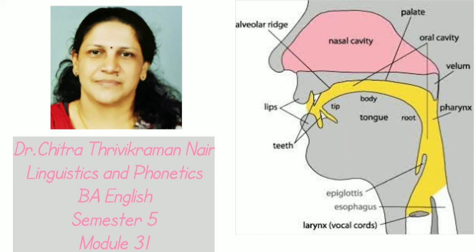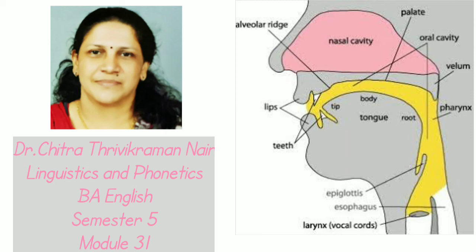And then you have the teeth. The teeth, as we all know, have two main broad divisions, namely the upper row of teeth and the lower row of teeth. It is the tongue that comes into contact with the upper row of teeth and helps in the production of many speech sounds.